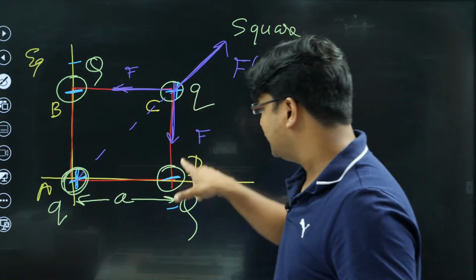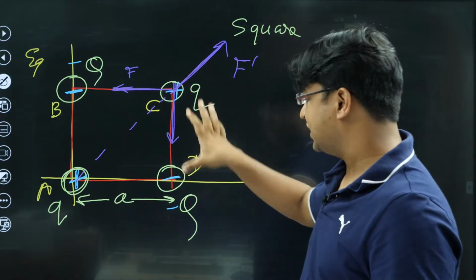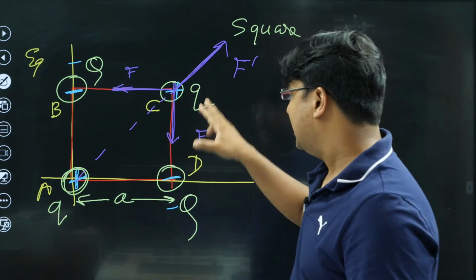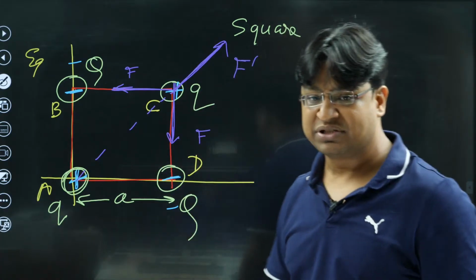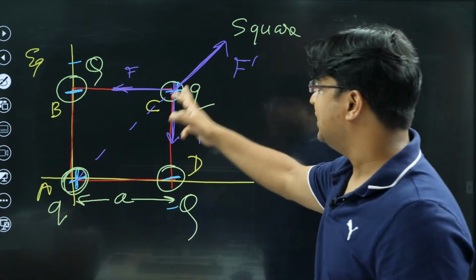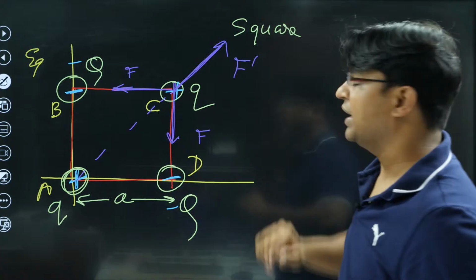This force is F. This force will also be represented by the same F, because again, same charges, same distance. So these two are going to be equal in magnitude, and therefore I have represented them with the same symbol F. And this A will repel this Q charge with this C charge along the diagonal. I am writing it as F prime.